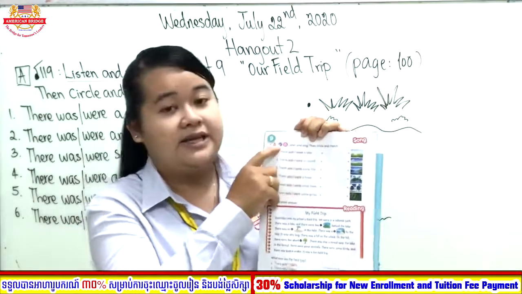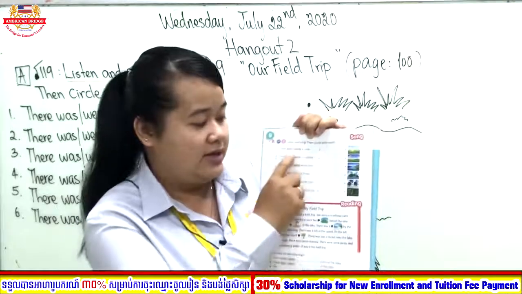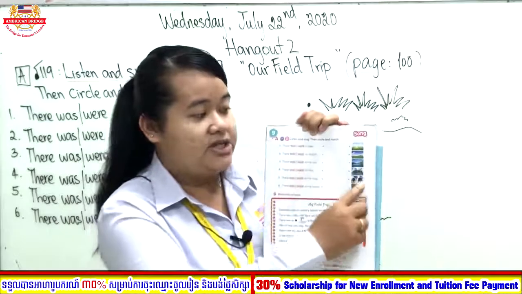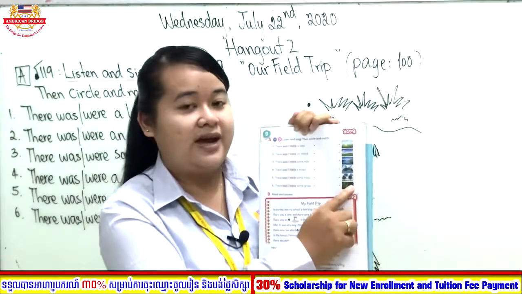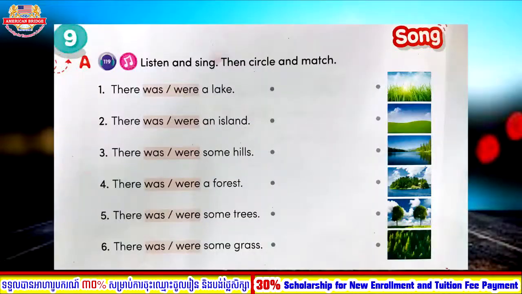That is track 119, you need to listen. After that, you need to circle the correct one in here, and then you need to match to the correct picture, right? Okay, so now let's start with teacher all together. A. Listen and sing. Then circle and match.